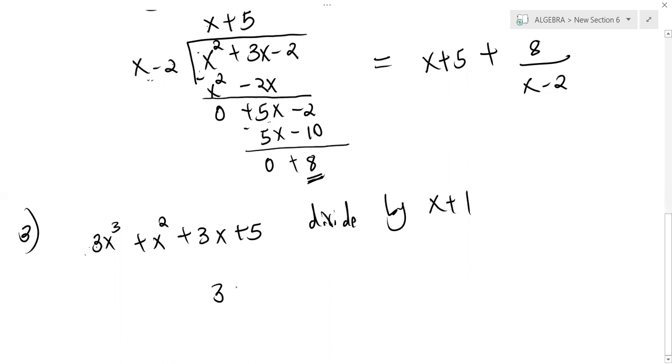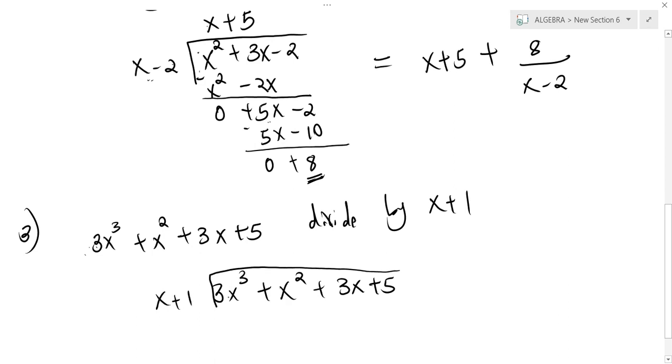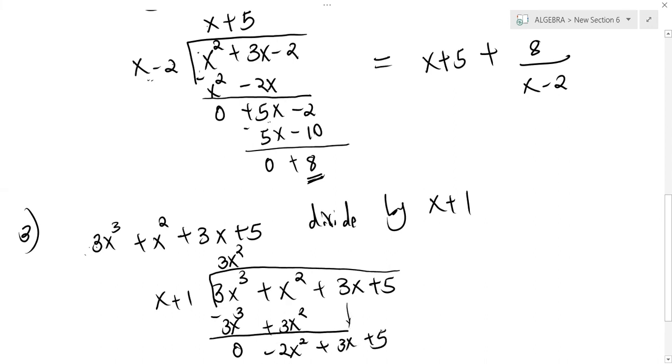Using long division, we'll have 3x cubed plus x squared plus 3x plus 5, which we are to divide by x plus 1. We take 3x cubed, divide by x, so that will give us 3x squared. Use this term to multiply this. So this and this will give us 3x cubed, and this and this will give us plus 3x squared. Subtracting those two terms, we have 0, then x squared minus 3x squared gives minus 2x squared, plus 3x plus 5.